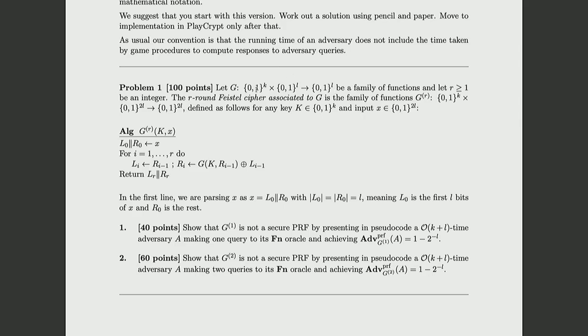So for G itself, you can hope that it's as secure as key recovery. You have k bits of security if it's really well chosen. Okay, so I'll stop there then.